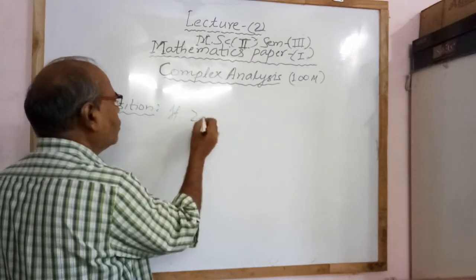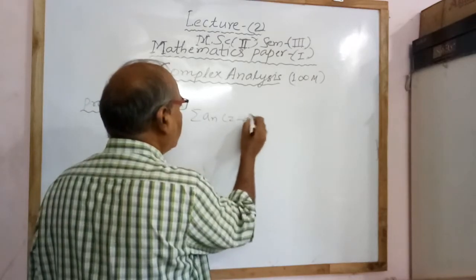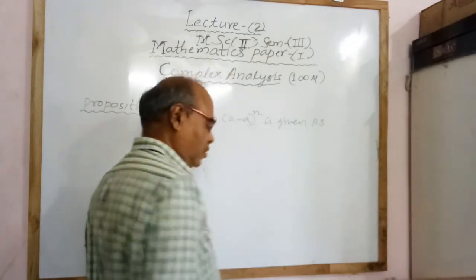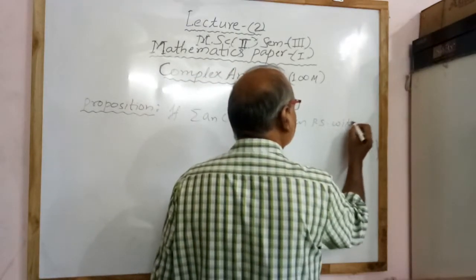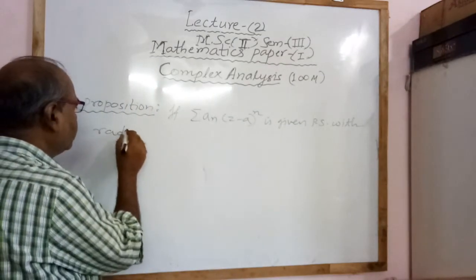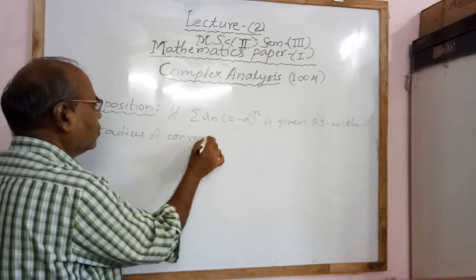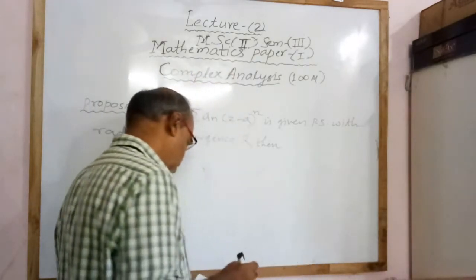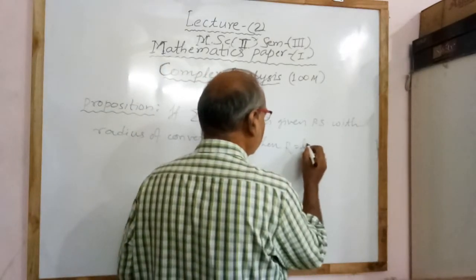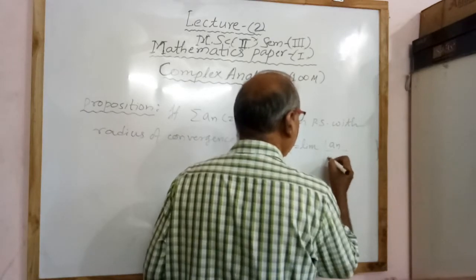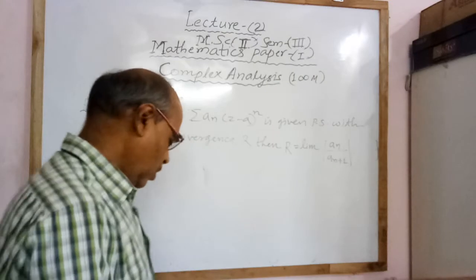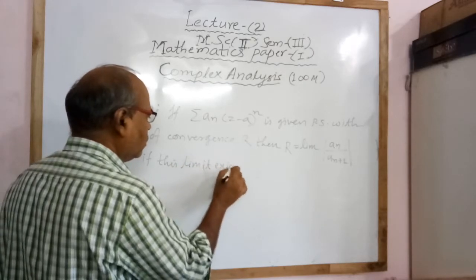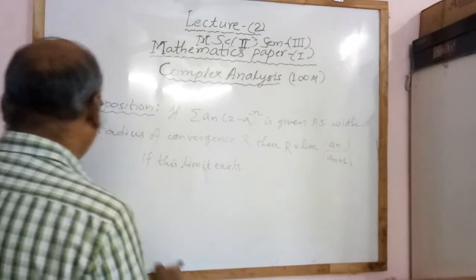If summation an z minus a to the power n, that is this series, is a given power series with radius of convergence capital R, then R equals limit mod of an divided by an plus 1, if this limit exists. Let's see the proof of the theorem.